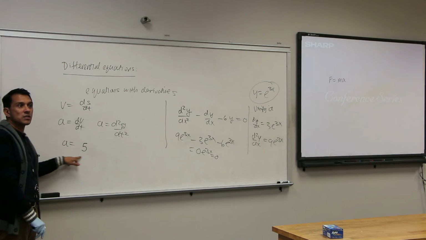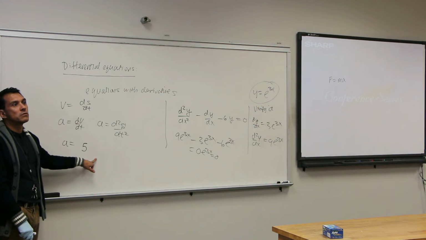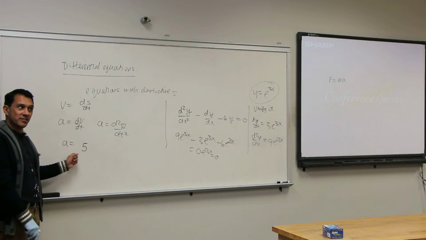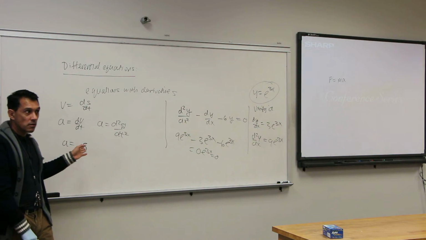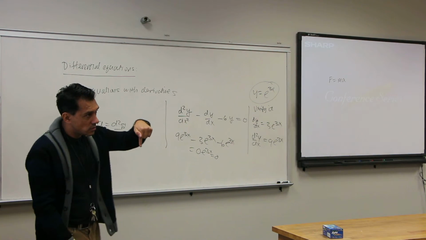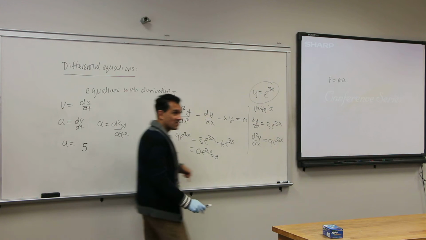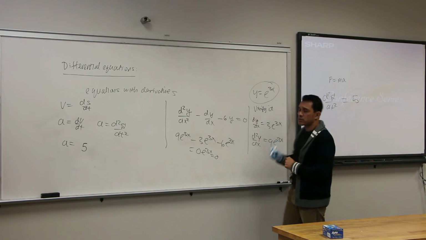Now what is this? This is a differential equation. It may look like it's harmless. Your college algebra friends, you know that's just a letter a. But we know it's the second derivative of the position. The second derivative of the position is 5.